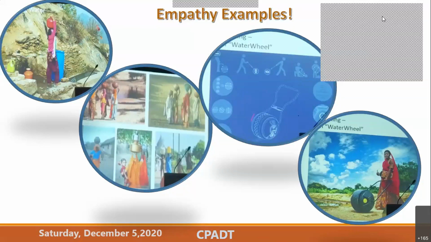To what extent the ladies were able to pull this water and put it into their home, this is what they worked on, and they came up with this design of a water wheel where you can just put the water into that wheel and pull the water to whatever distance that lady is capable of. So they empathized with some hundreds of women, and then came up with this water wheel, empathizing with how much distance they can pull the water. So this is another empathy example.